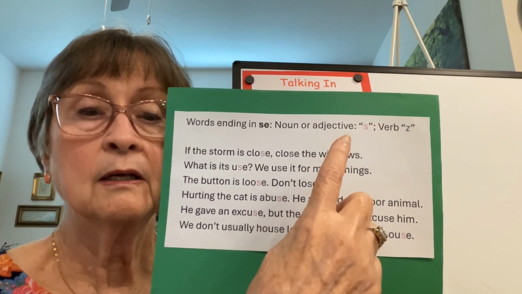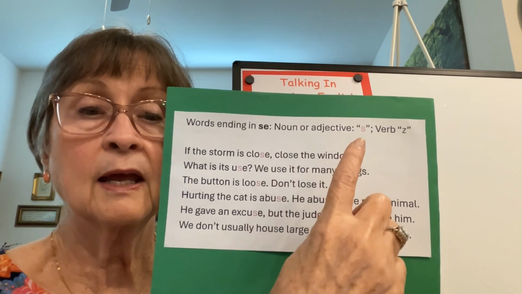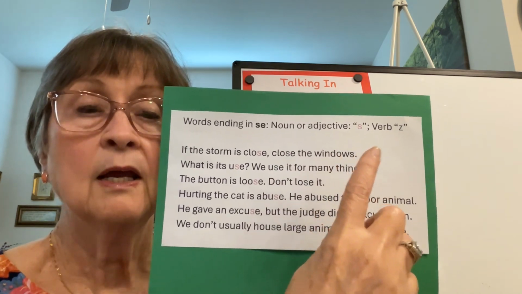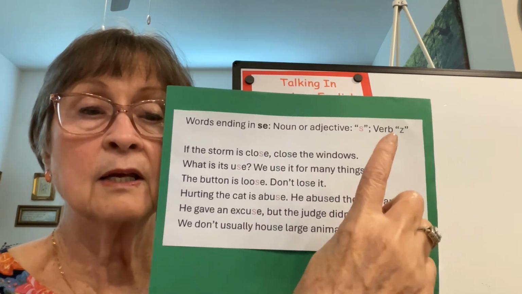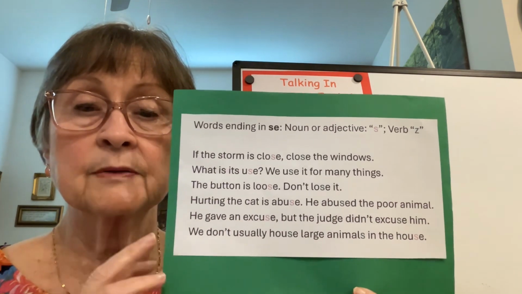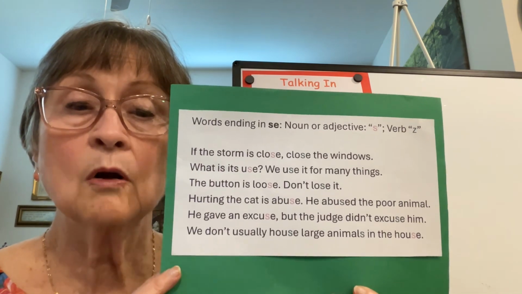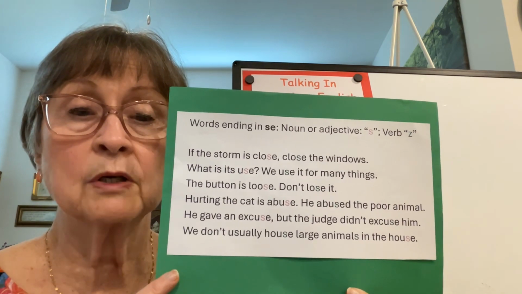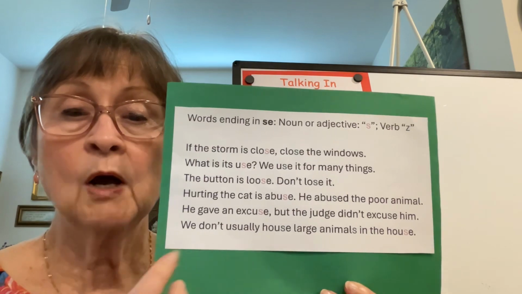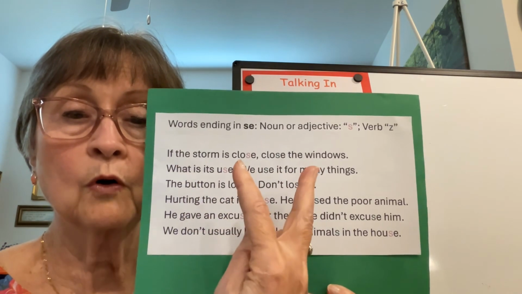If it's an adjective or if it's a noun, the S sounds S. If it's a verb, the S sounds Z. Here are some examples. If the storm is close, close the windows. I'm not marking all the S's in here, just the ones of these two words.